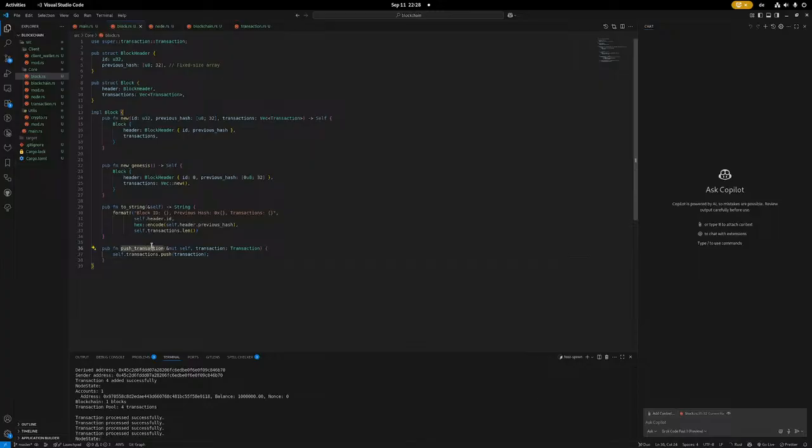Push transaction. I mean, we could. And here the interesting part comes, because we have to somehow determine that the block is complete.